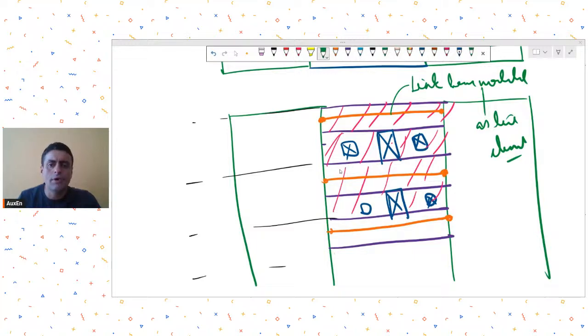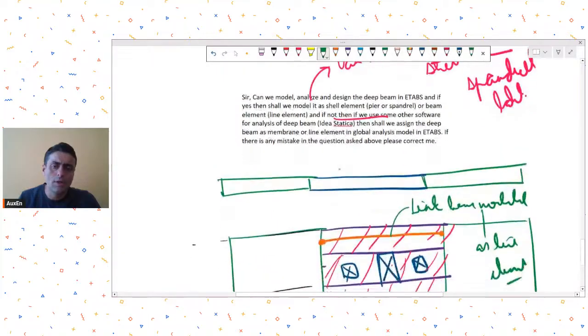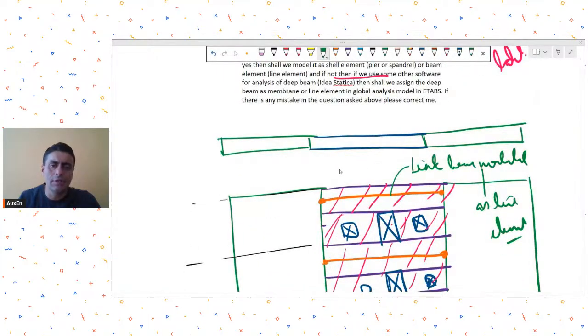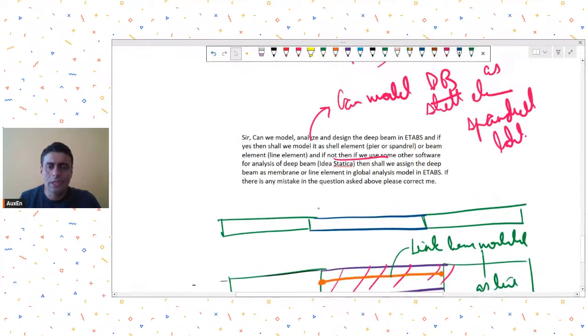Okay, if you wanted high level of accuracy and more exact behavior, then you could model your spandrels as actual shell elements. But as I just informed, it will be time consuming and it will slow down your model, so generally we may not prefer it. So you could model your link beams as beam elements or line elements.